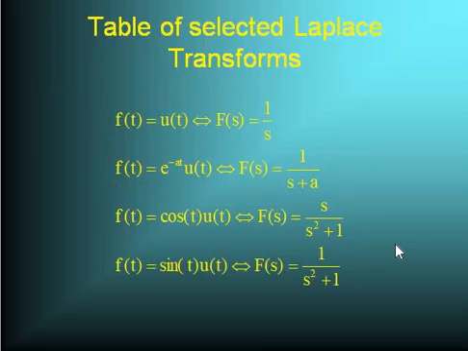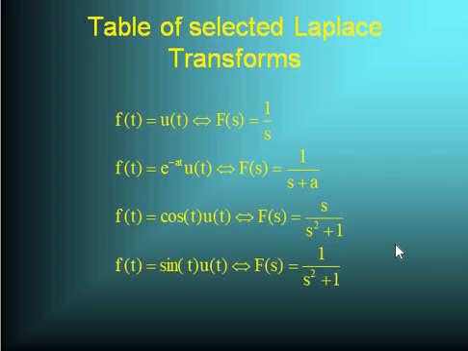Now the examples of the Laplace transform: Laplace of 1 equals 1 over s. Now the shifting property: Laplace of e power minus at f of t equals 1 over s plus a.